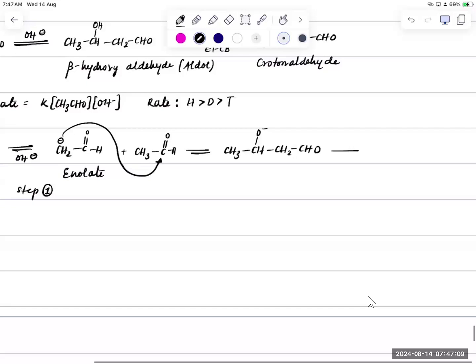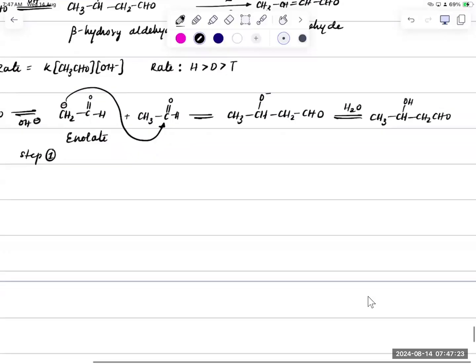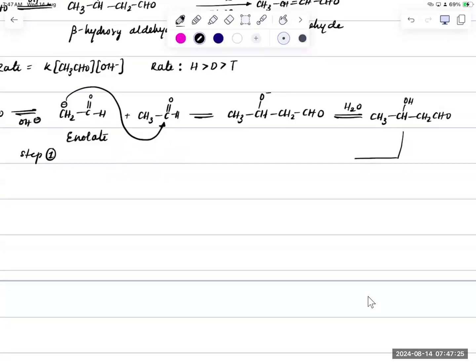Up to hydrolysis, I'll also write it as step 2: CH3CHOH-CH2CHO. Finally, when heat is applied to get CH3-CH=CH-CHO, this is done in 2 steps basically.